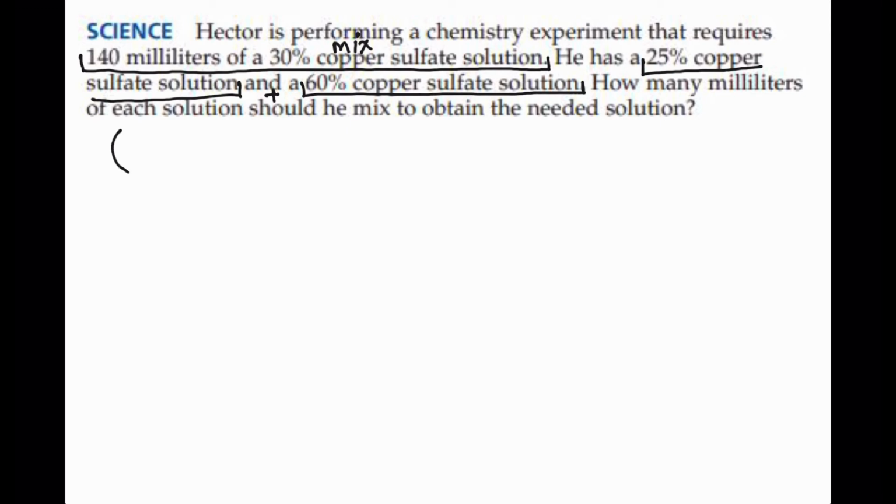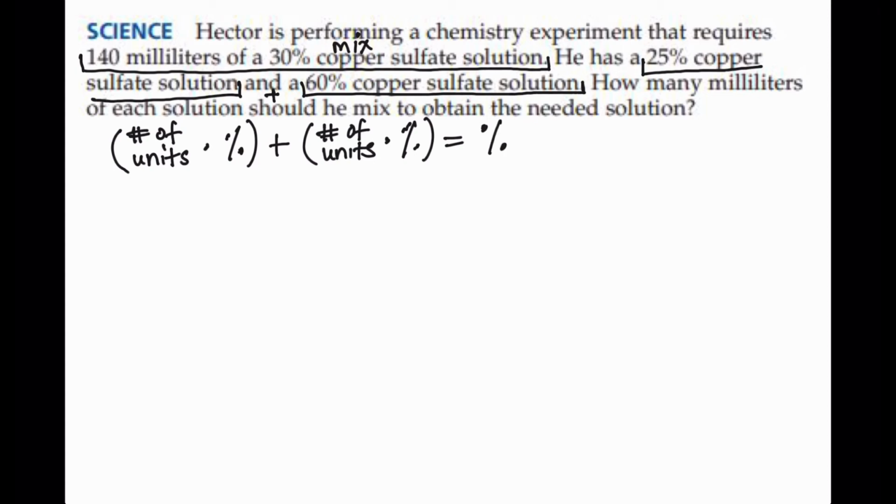So if I've set up my problem, I'm going to have the number of units times the percent plus the second number of units times the second percent is equal to the mixture, which is a percent times the combination of their units. So the first number of units plus the second number of units.